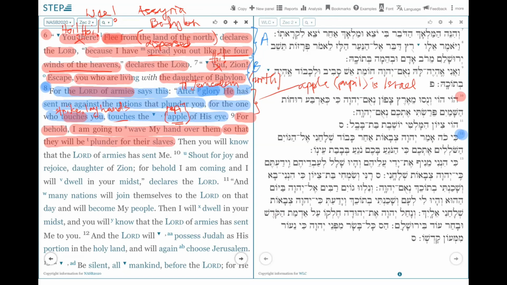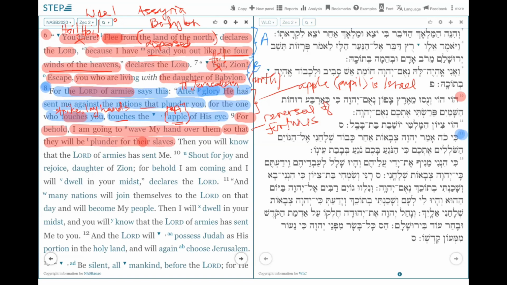I think it lets us know that those who oppressed the Jewish nation will become prey and plunder for Israel, which means that there will be a change, a reversal of fortunes, right? A reversal of fortunes. Those nations that plunder Jerusalem, Jerusalem will plunder them, all by God waving.